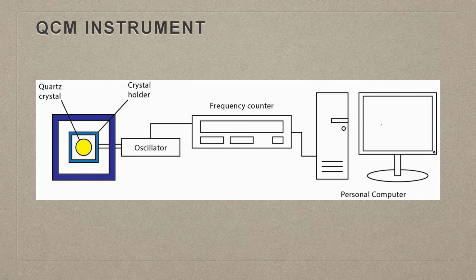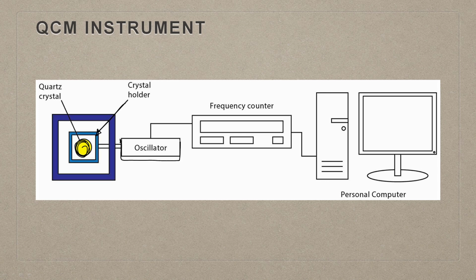If we maintain that, then quartz crystal microbalance is a really powerful tool to measure the changes. Now, how does the instrumentation really look? Here you have the quartz crystal, and the crystal holder sitting out here.